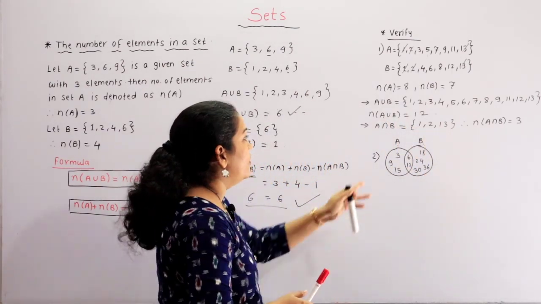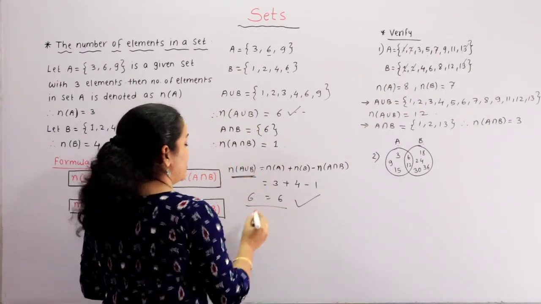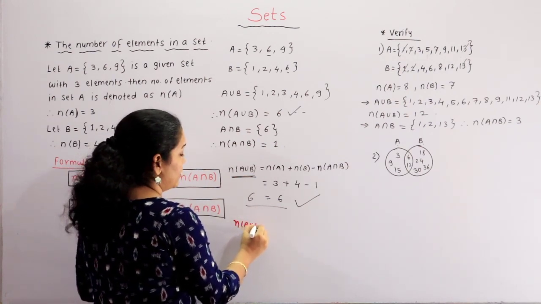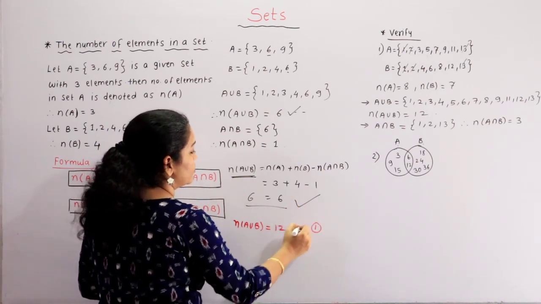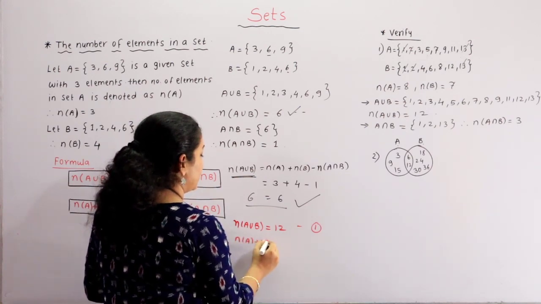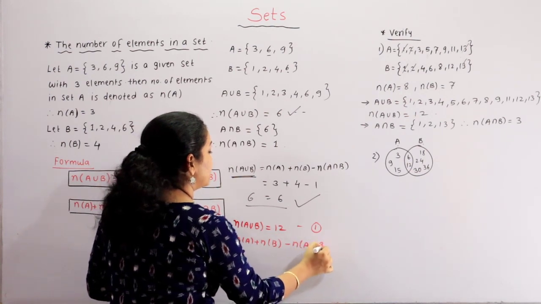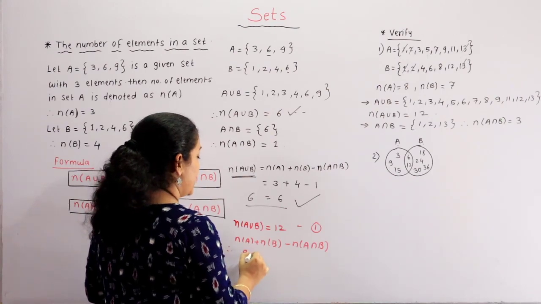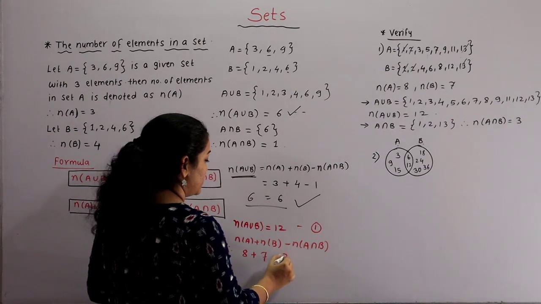Now you have to verify this formula. So just verify it. See, how much is n of a union b? 12. Suppose we call this 1. n of a plus n of b minus n of a intersection b. What did we get? n of a is 8, n of b is 7 minus n of a intersection b is 3.